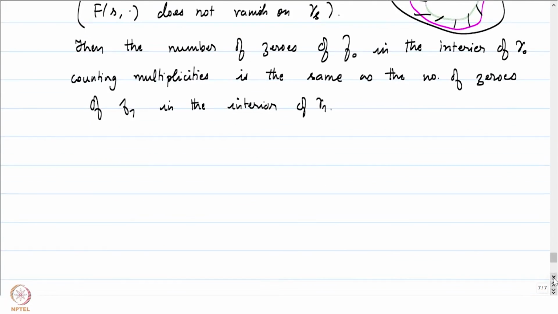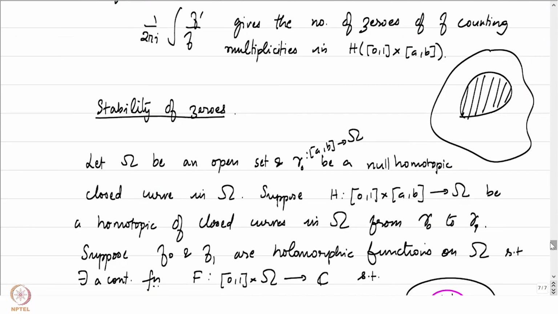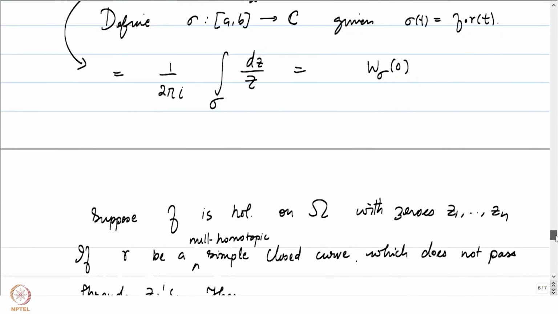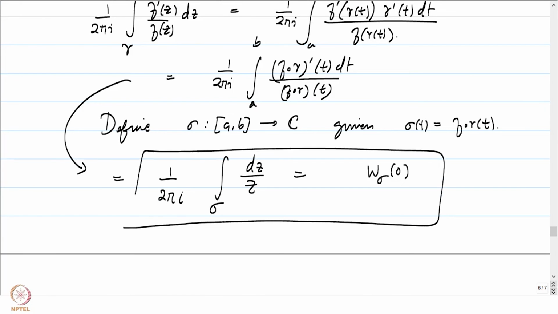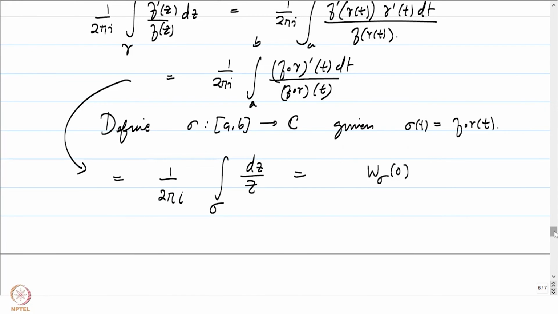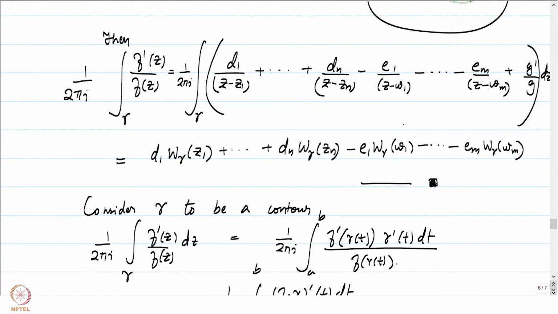Even though the statement is so big, the proof is going to be extremely small. We will see that this integral is being captured by the winding number of sigma around 0, and that is precisely what captures the number of zeros along with multiplicity.